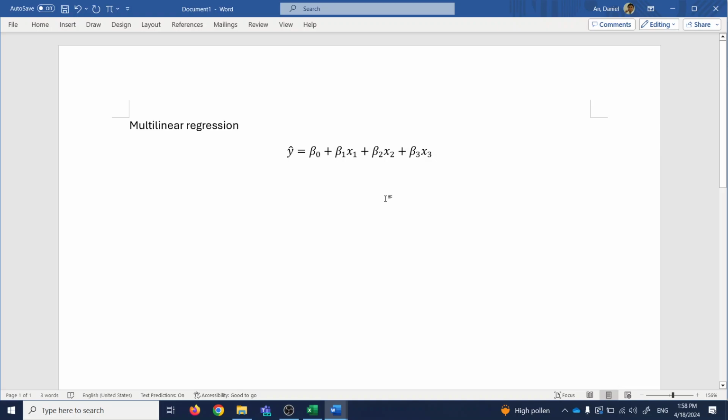You again take this y hat, subtract it from the actual value y, take the square, so you have the sum of squares of the error, and you differentiate that function with respect to beta 0 and beta 1 and beta 2 and beta 3, set all of them equal to 0, set them as a system of equations, and then eventually you get a solution.